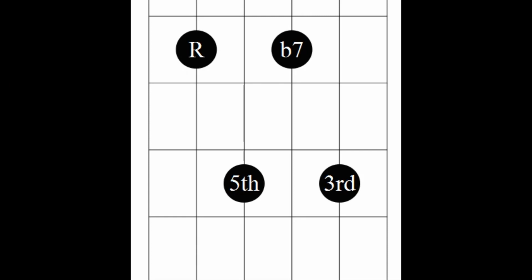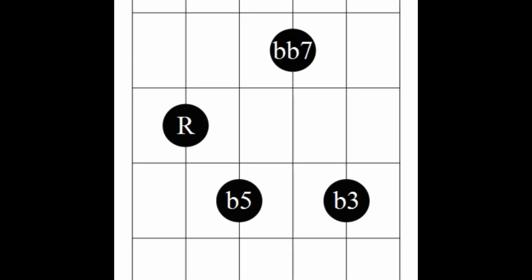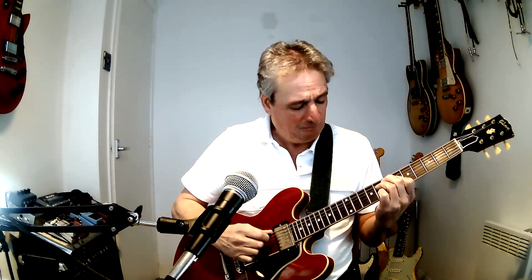Put our finger on there, we've now got a diminished chord. The root is C sharp. Now, what's interesting about this is that our diminished chords repeat themselves every 3 frets.